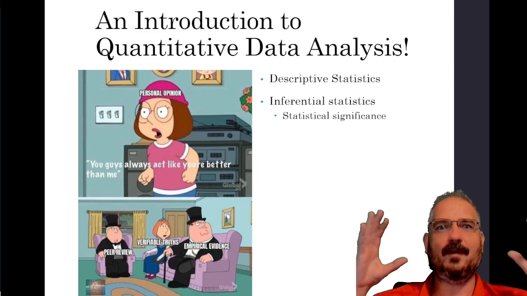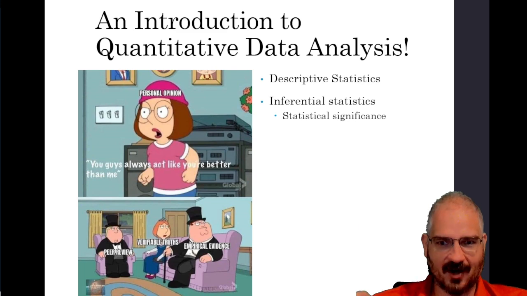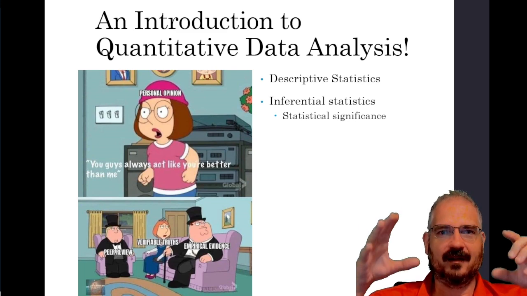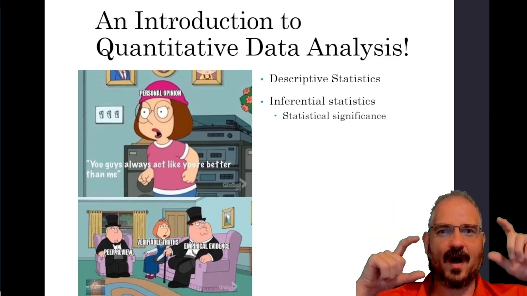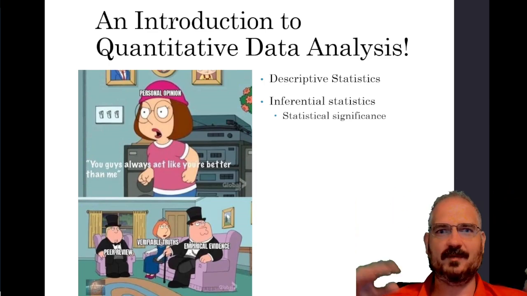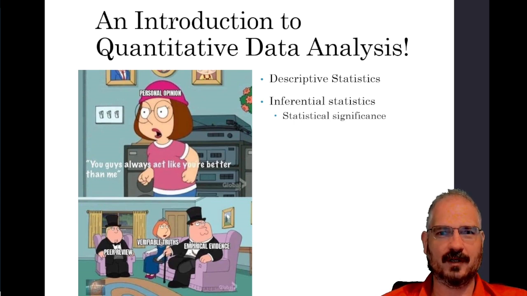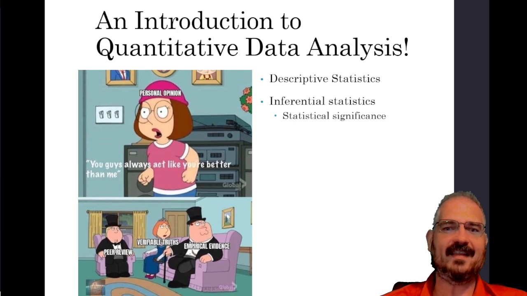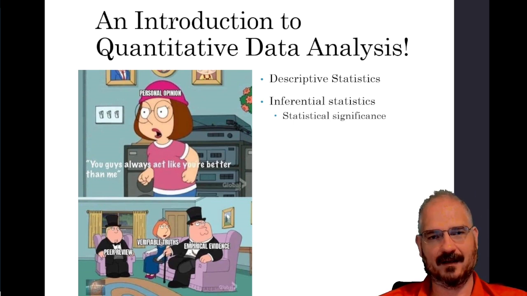What are the odds that we would see what we're seeing in our data set if any relation between X and Y was completely nonsense and it was only due to pure random chance? If we are 95% or more sure that we would not see what we're seeing if it was just due to pure random chance, then we say that is statistically significant.